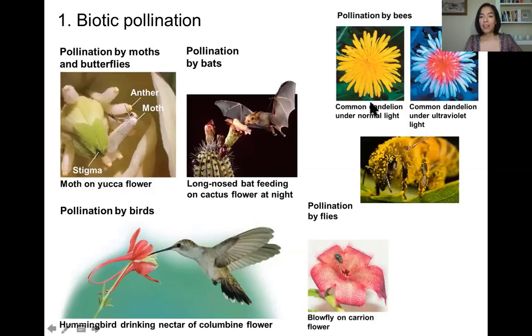This is an example of dispersion by bees. This is the same bee that we saw in the slide before. But in here, we have also the dandelion, this amazing plant that grows everywhere in the world. And it's considered a weed, but actually it has a lot of cool properties and it's edible. This dandelion, if you see it under UV light, it will look like this.